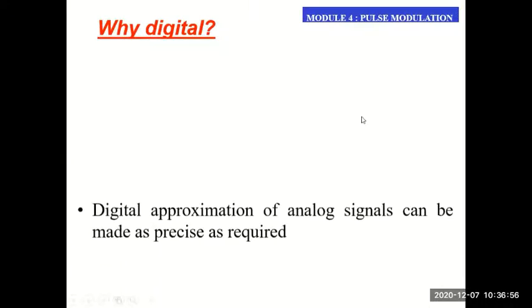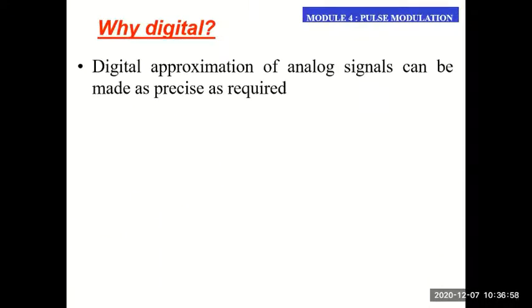This privacy protection also happens with encryption and decryption. So all these are multiple advantages of why we need to go to digital, right? So digital approximation of analog signals can be very precise or accurate. Low cost.